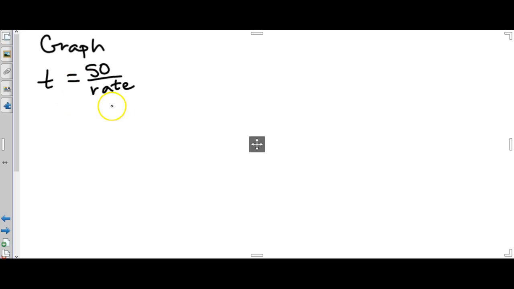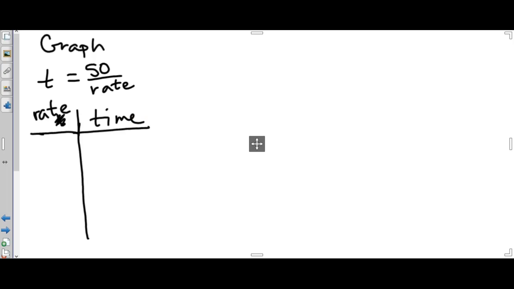The problem is, right now, we have no idea what a rational function looks like. So usually when you don't know what a function looks like, you start out by making a table of values. And actually, let me change this from x, rate, and time. Okay, so picking some values for our rate, and we'll say 1 mile an hour. Let's jump up like 10 miles an hour, 20 miles an hour, 30 miles an hour, 40 miles an hour.